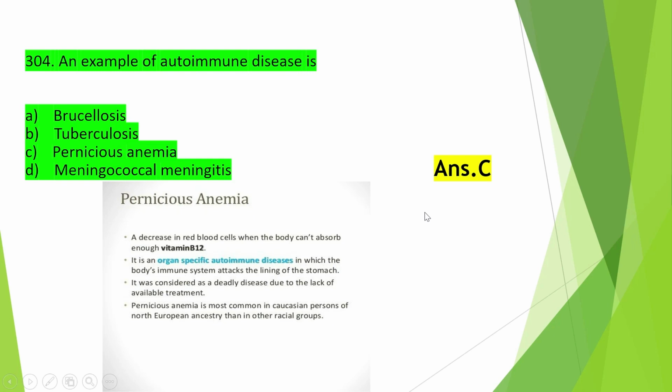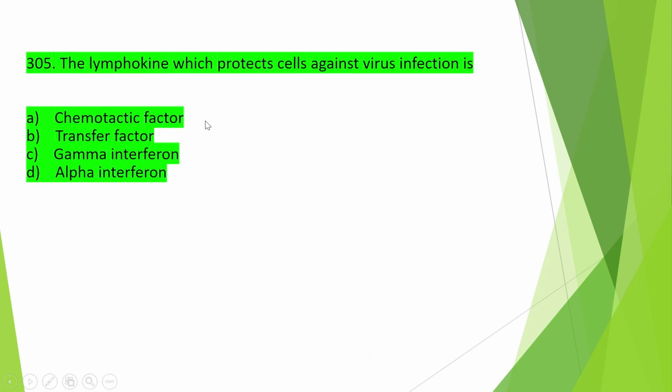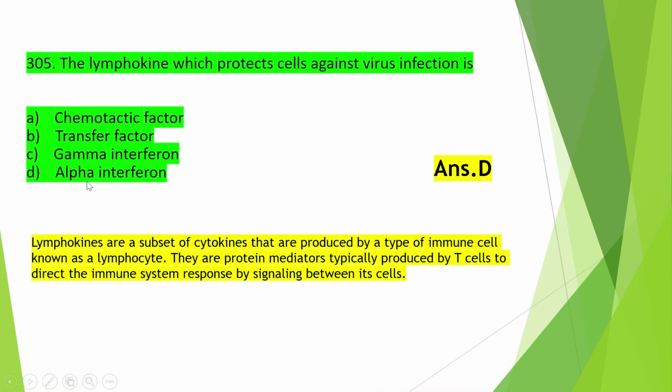Now the next question is, the lymphokine which protects cells against virus infection is chemotactic factor, transfer factor, gamma interferon or alpha interferon. The right one is option D, alpha interferon.